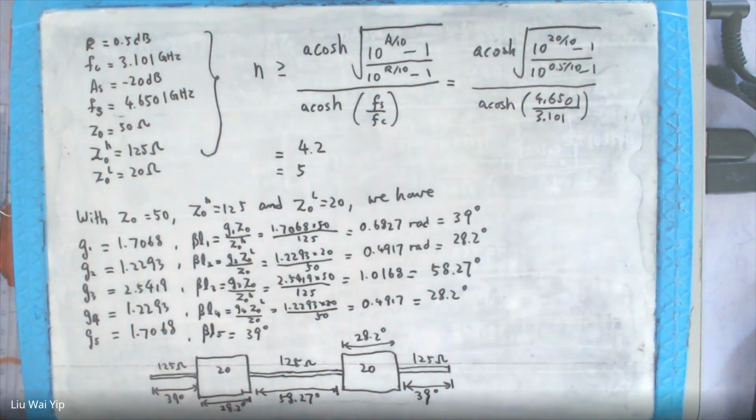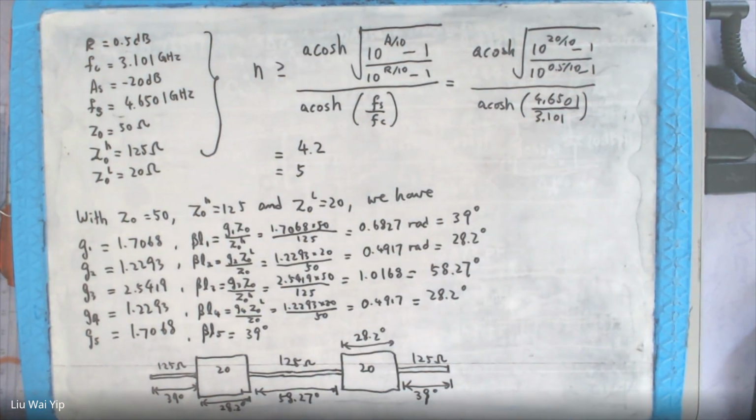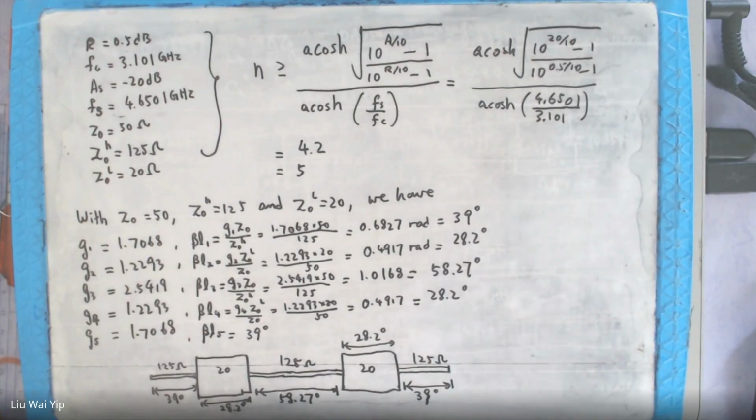This is your filter. And I can tell you the quality of this filter may not be good, but you will frequently encounter this filter topology in microwave circuits. The main reason is that it is easy to design.